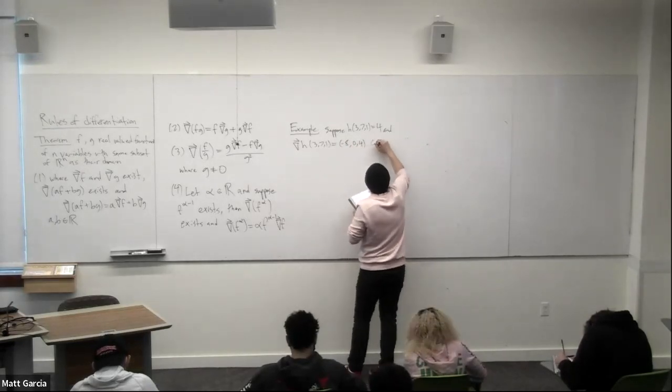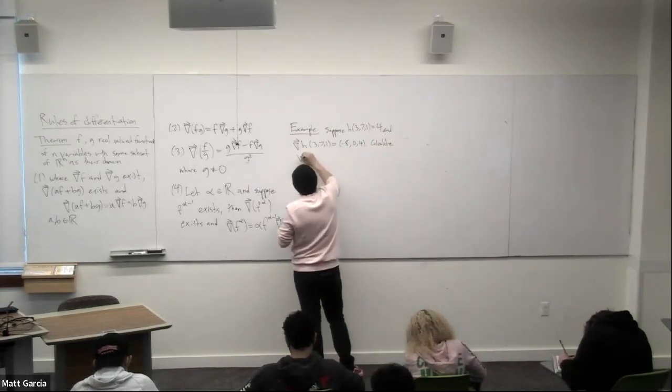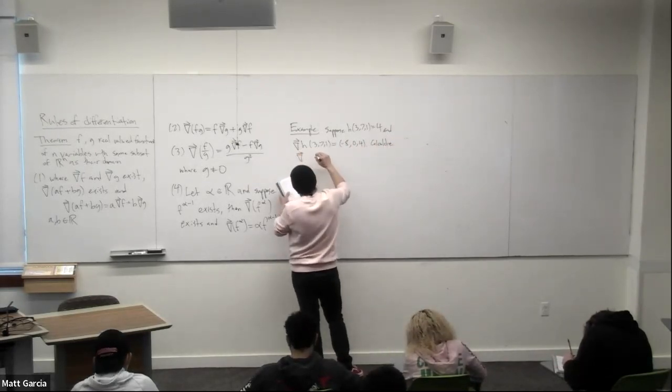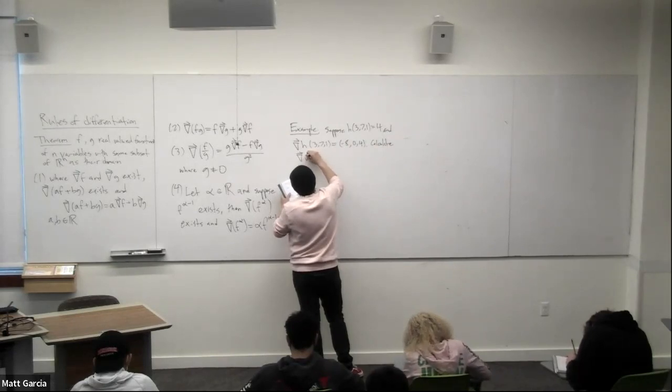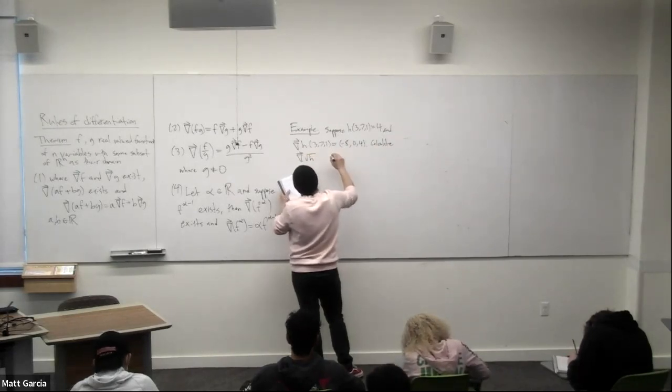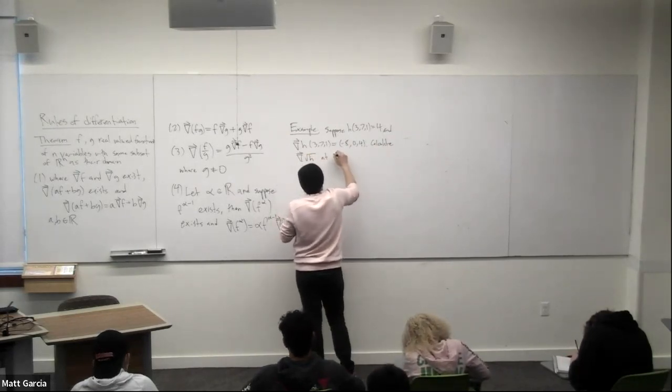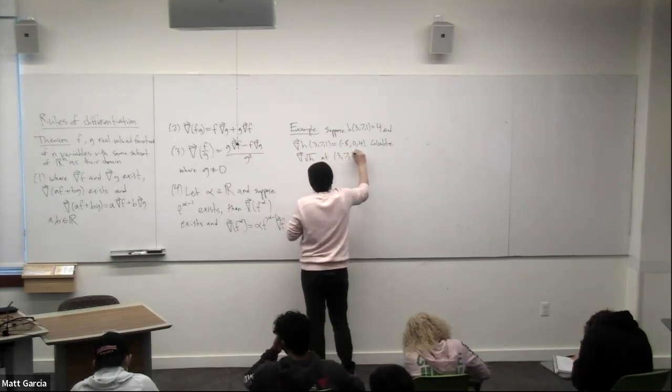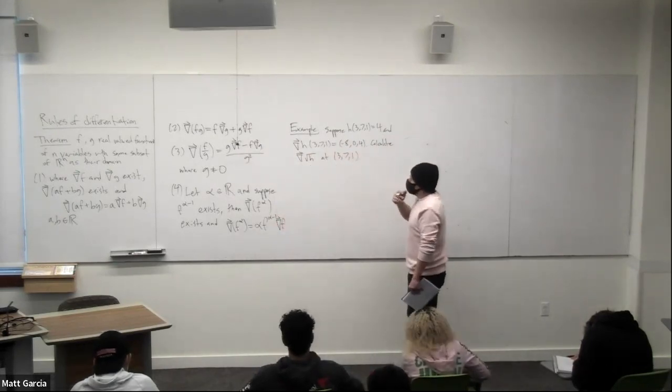Let me ask you to calculate the gradient of the square root of H at this point, (3, 7, 1).